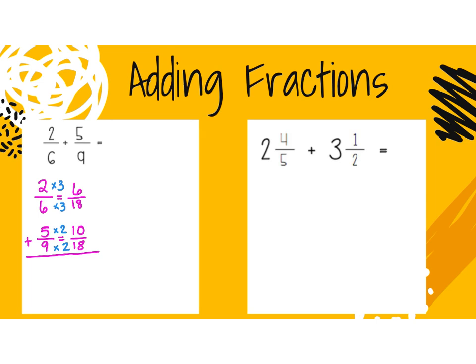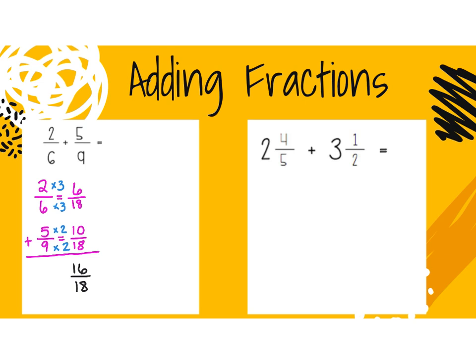Now that I have common denominators and I've converted my fractions, I can add both fractions together. 6 plus 10 is 16, and my denominator 18 remains the same. And then I need to check and see if I can simplify my answer.